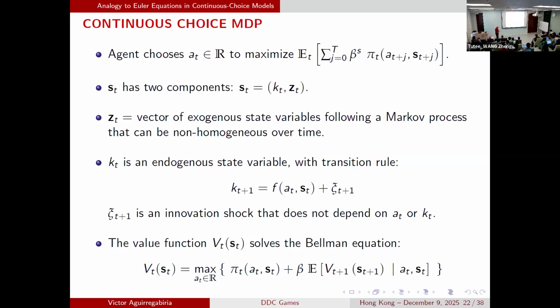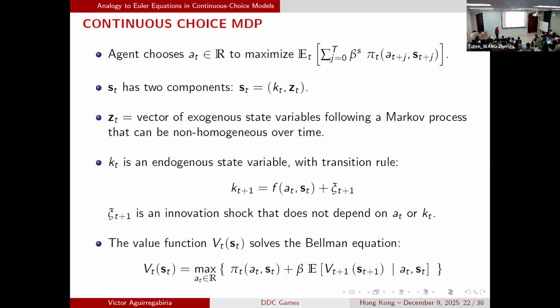Let me do it with one continuous variable, and distinguish two different state variables in the vector S: C, the exogenous state variables, which follow a stochastic process that does not depend on the action, and K, an endogenous state variable. Again, only one endogenous state variable.